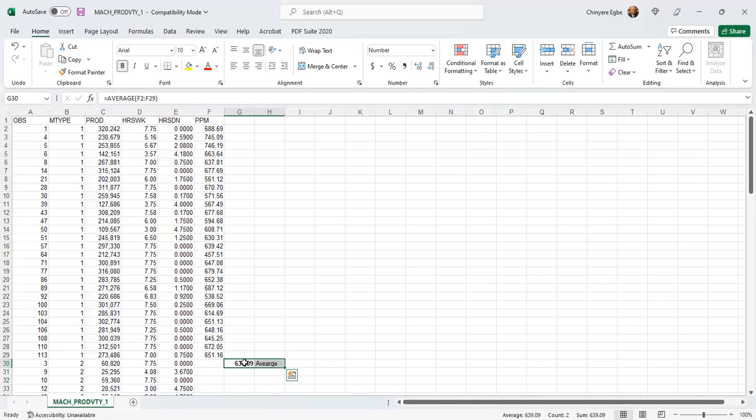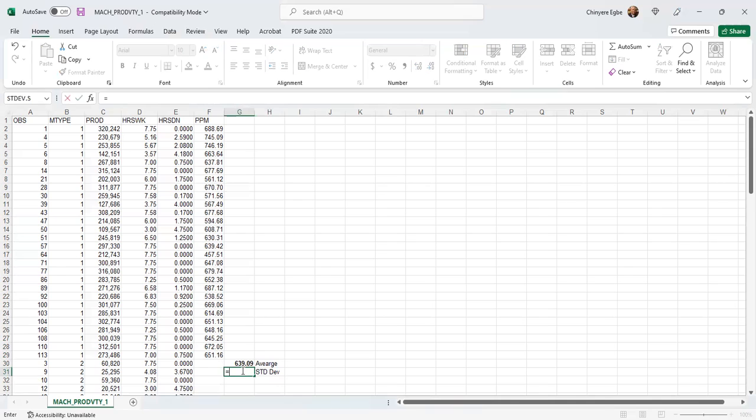So this is how we do the calculation. I used 625 there arbitrarily, but you can see you calculate the average. Is that correct? And you calculate the standard deviation. Calculate the standard deviation equal to sample standard deviation, STDEV.S.